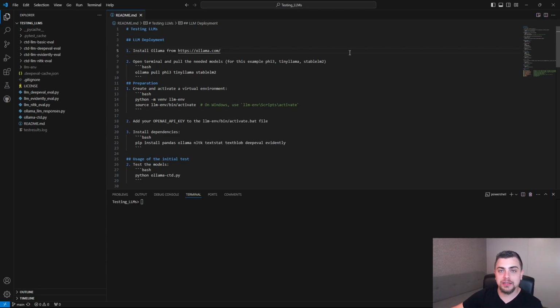We are working with the repository from the beginning, I think from the second video, when we deployed the large language models locally, the V3, the Tiny Llama and the Stable LM2. We worked on that repository, and I am adding content to that repo, and you can use that.